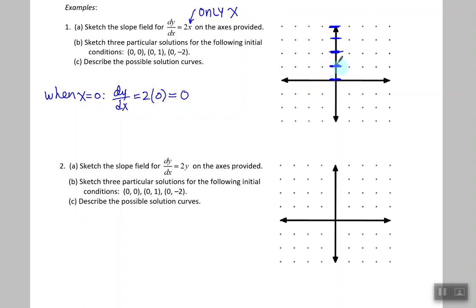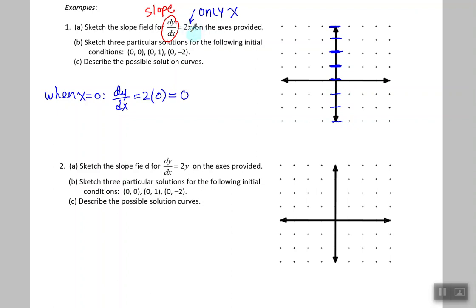Notice what I'm drawing is a little horizontal line segment because a horizontal line has a slope of 0. So it's important to remember that dy/dx means the slope, and therefore we are graphing a field of slopes. Let's continue to put little horizontal tangents everywhere else that x equals 0.